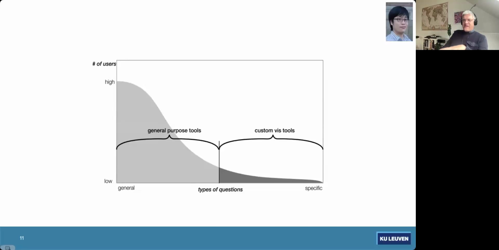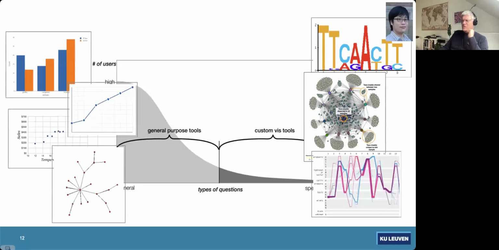Just like that's the case for data analysis, that's also the case for visualization, or what we call visual encoding. The very generic plots like a bar chart, scatter plot, and so on are really, really useful, but you can only go this far with those. So the moment that you go into very specific types of data, then you have to develop new visuals.